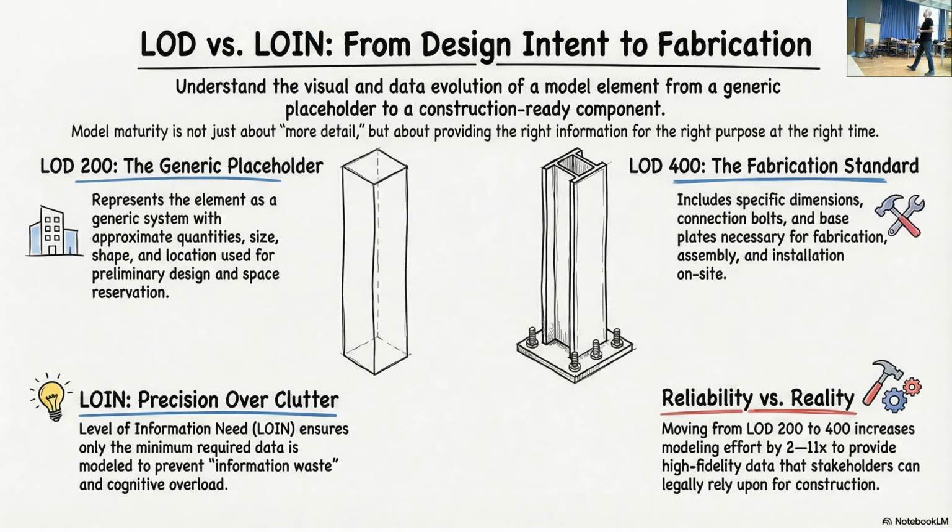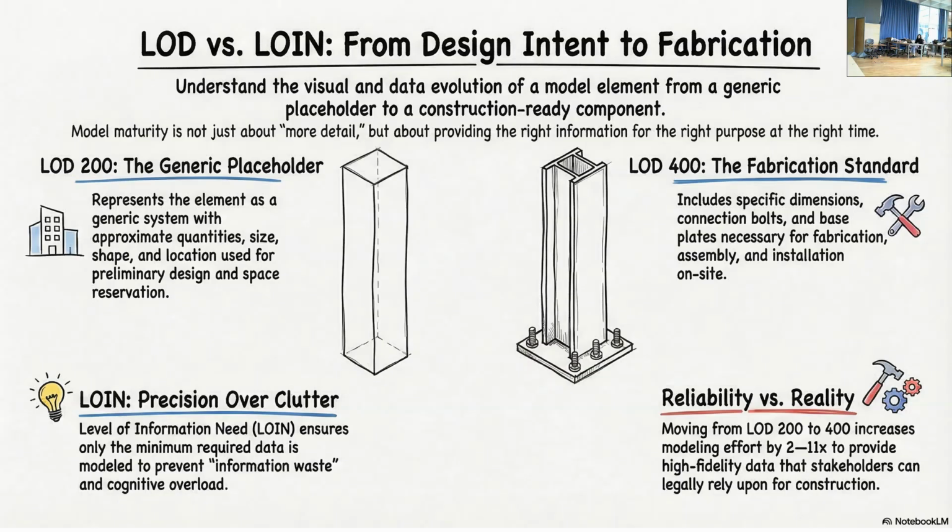So LOD versus LOIN, from design intent to fabrication. Basically, with LOD 200, we describe the column as a very simple geometry. It's a placeholder. It basically creates a space for the column for the future. With LOD 400, you have the column in high detail. It's enough to manufacture the column.